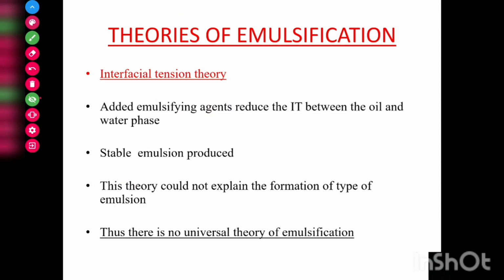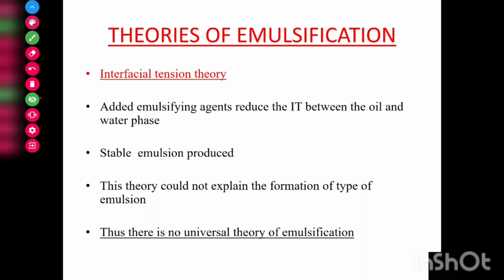Move on to the next theory, interfacial tension theory. Here the added emulsifying agents reduce the interfacial tension between oil and water phase, and this will produce a stable emulsion.